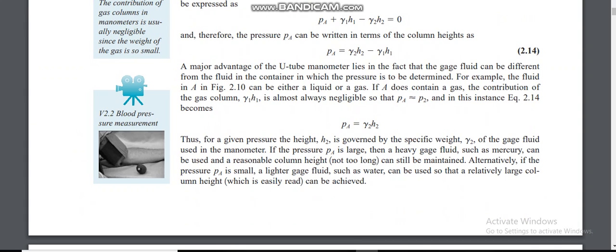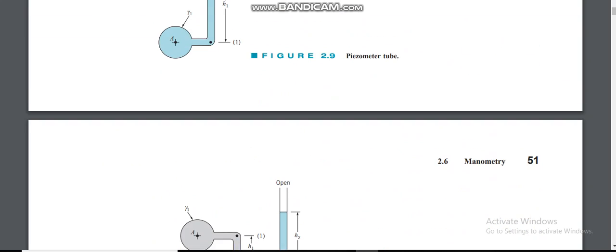If A does not contain a gas, the contribution of the gas column gamma 1 H1 is almost always negligible, so that PA is almost equal to P2. And in this sense, equation 2.14 becomes PA is equal to gamma 2 H2. Like this, PA is almost equal to P2 as mentioned above, so at this point we can neglect gamma 1 H1 because it has negligible height.